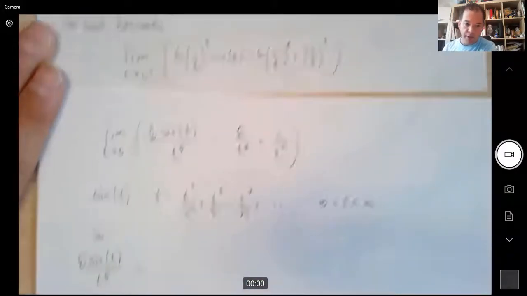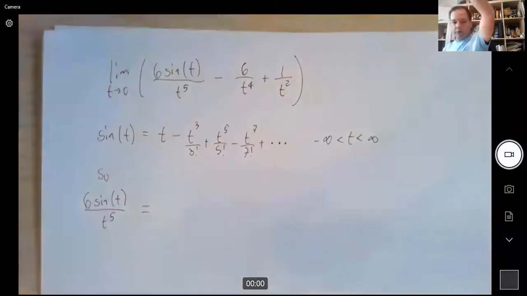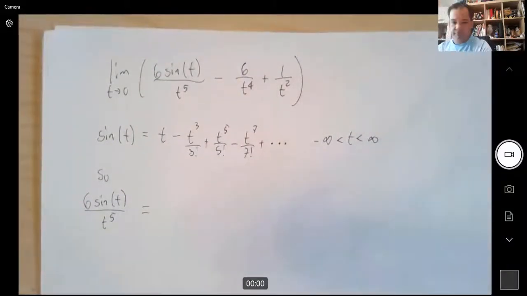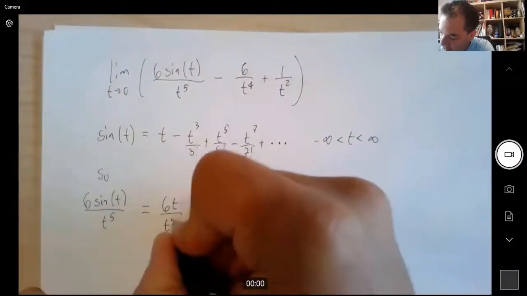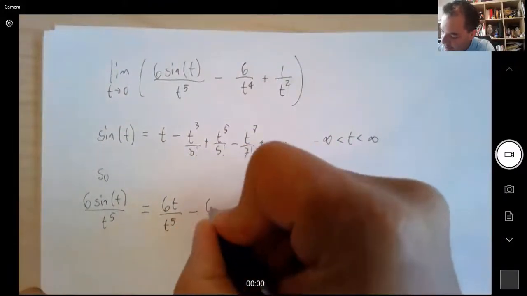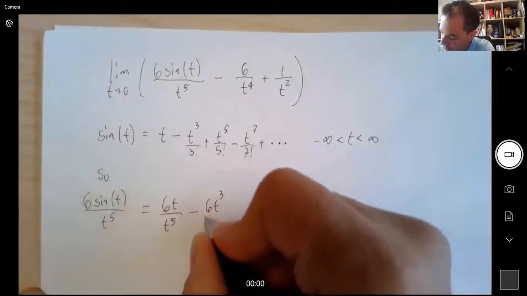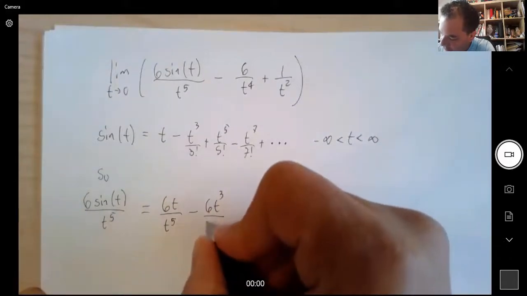So this one will be multiplied by 6: 6t, and divide by t to the fifth, minus 6t cubed, and divide by t to the fifth.